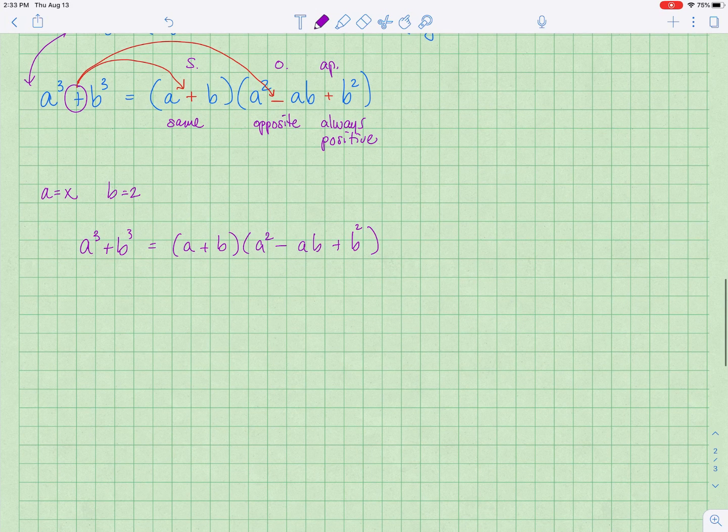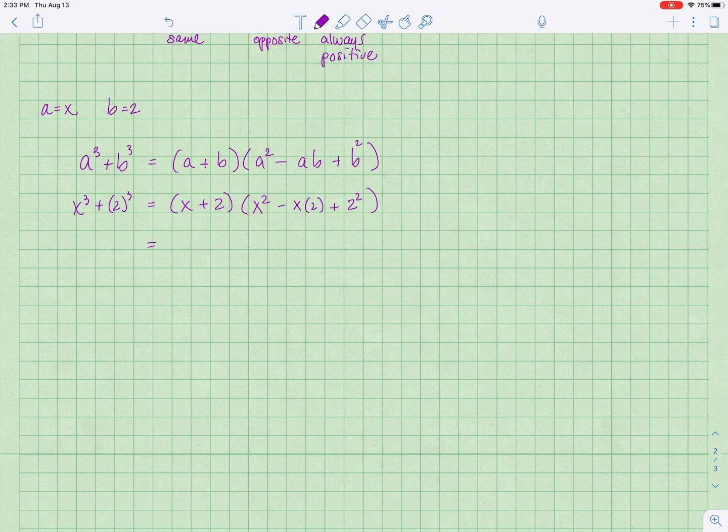Sorry, that's a B squared. Then we can just plug and chug. That is to say, x cubed plus 2 cubed factors as x plus 2, x squared minus x times 2 plus 2 squared. And we can clean that up a little bit. And we get x plus 2 times x squared minus 2x plus 4. And that's how this factors.